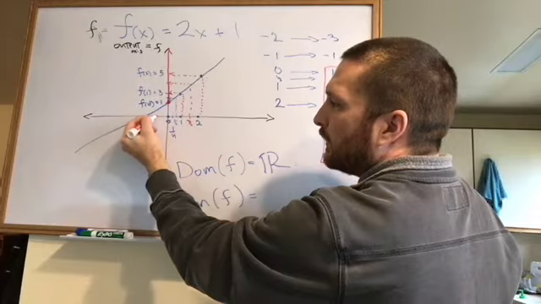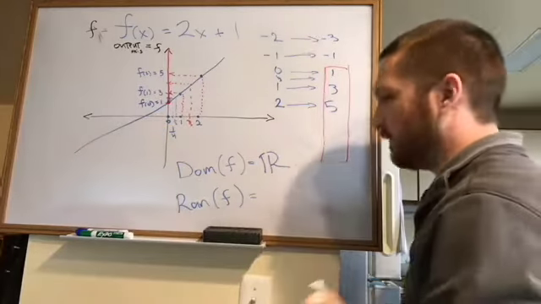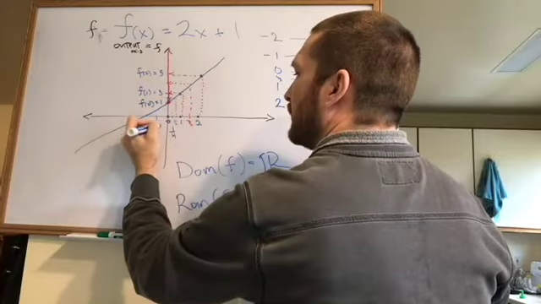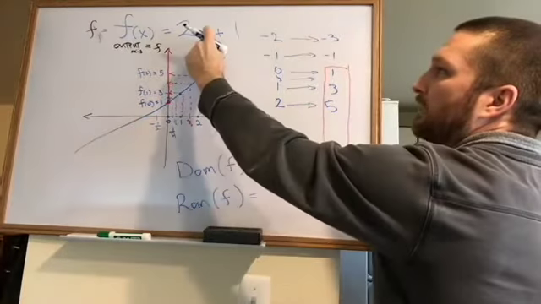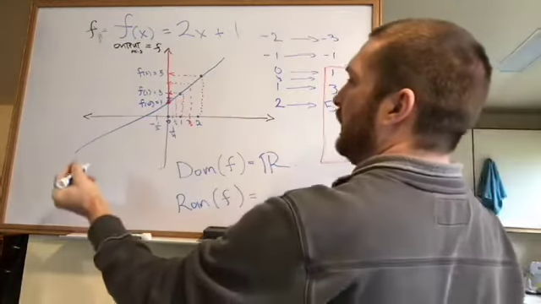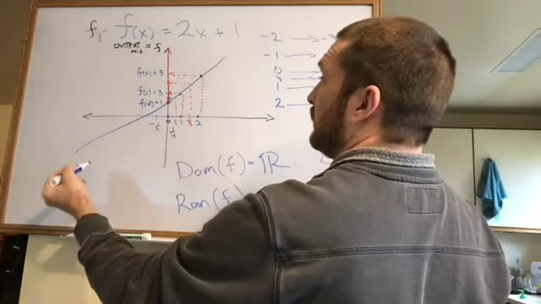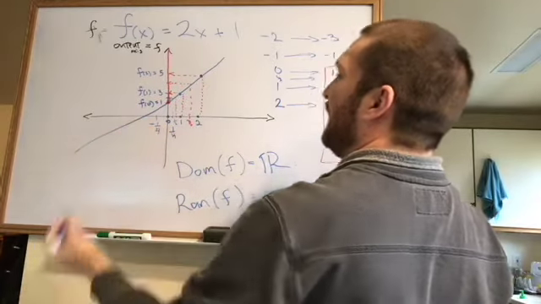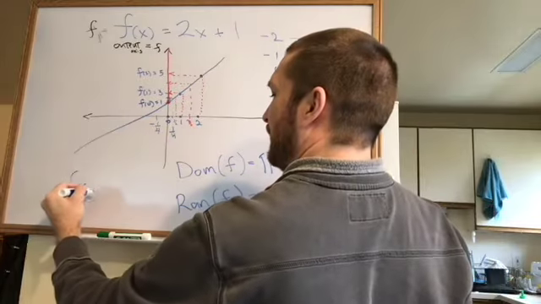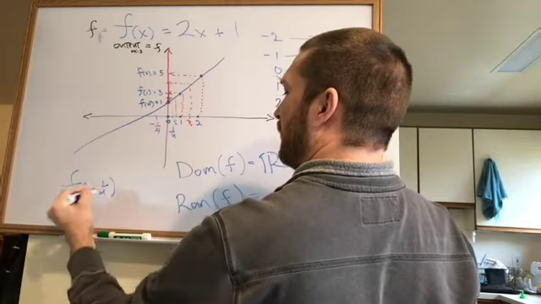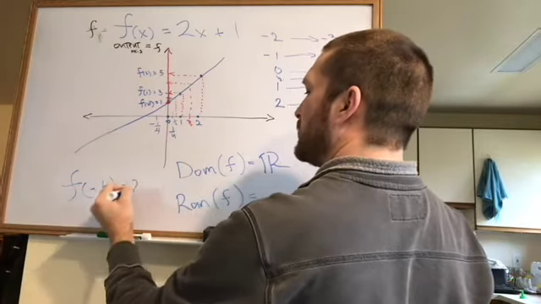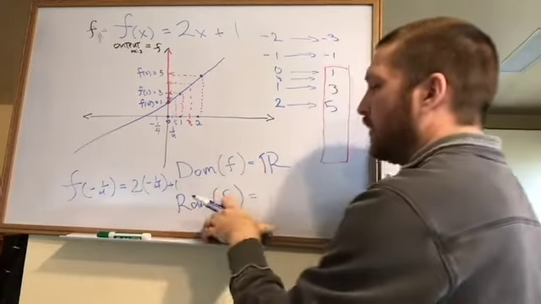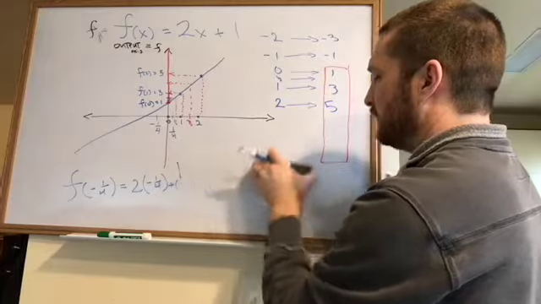Now, what happens when I plug in, say, -1/2? What gets hit? Let's just calculate it. I'm going to plug in -1/2 right there. And I get, oh, well, actually, that does it. How about -1/4? I plug in f of -1/4. I get 2 times -1/4 plus 1. What does that simplify to?